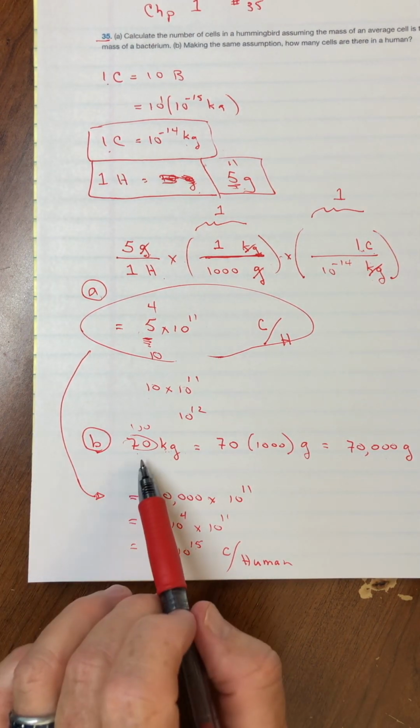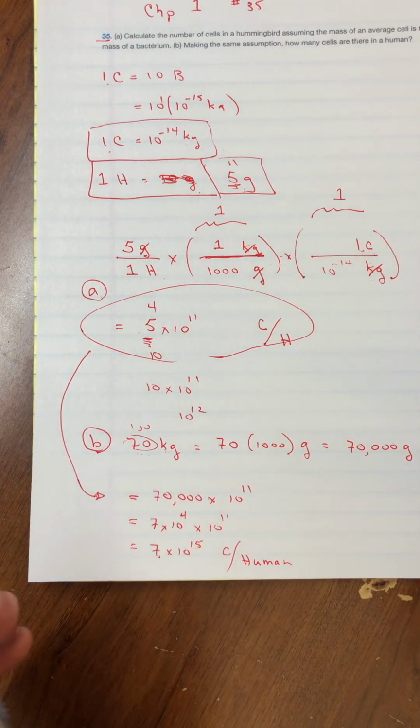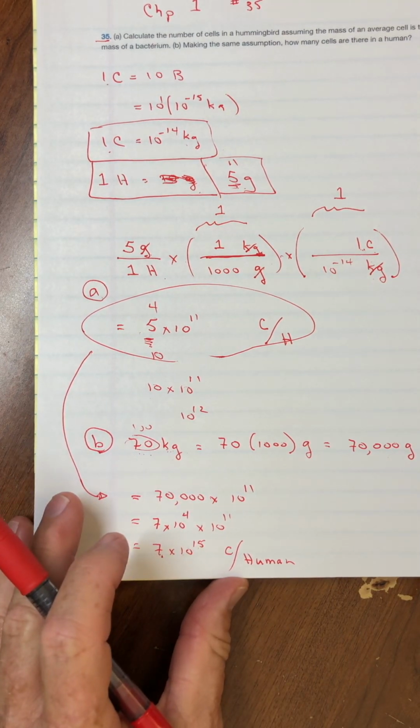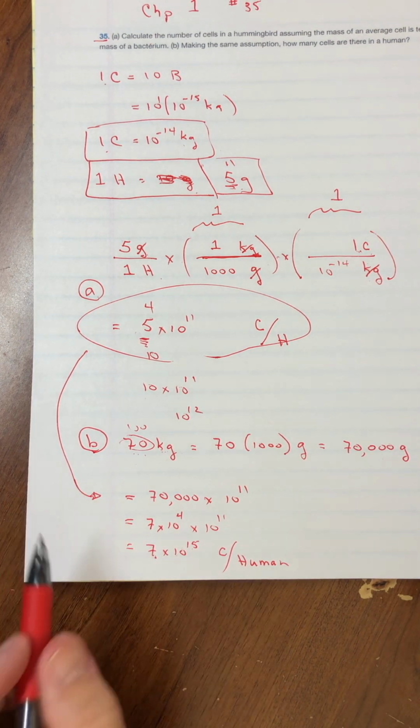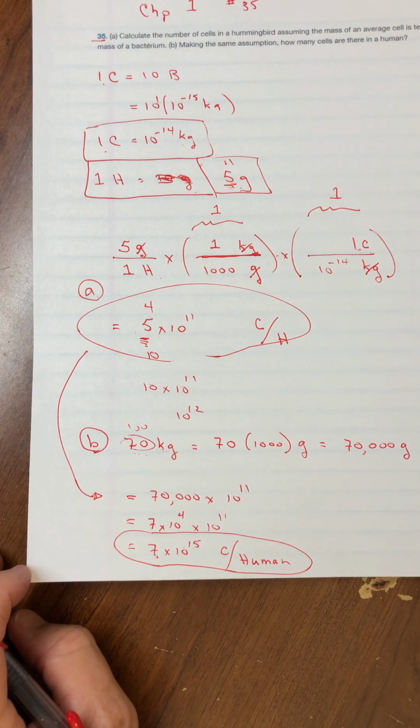I don't think we should go all the way down to 10. Yeah, 10 would be like 25 pounds. I don't think any human, at least adult human, is 25 pounds. Anyways, I think that's probably a good number for how many cells are in a human.